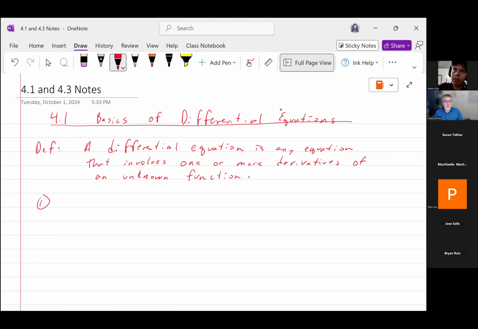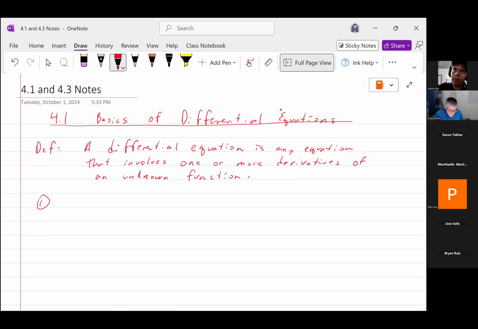Okay, so a differential equation is an equation that has derivatives in it. And then usually we want to try to solve for the original function or the parent function that the derivatives were derived from.